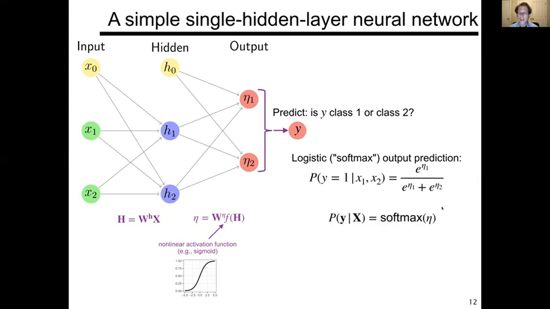So we might notate that as P of the set of y classes given a set of x inputs is softmax of eta, but eta, of course, is a function of the x's. What function is it? If we just put all these things together, then we wind up with P of y given x is equal to softmax of W_eta times f of W_h x, where f is this intermediate nonlinear activation function.